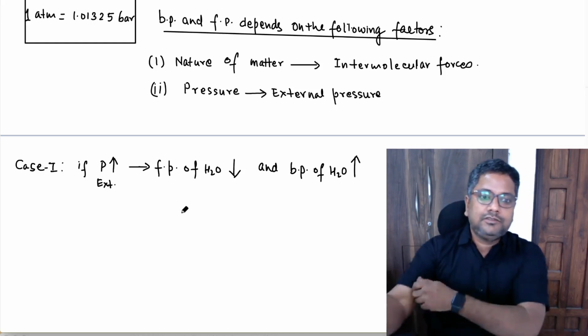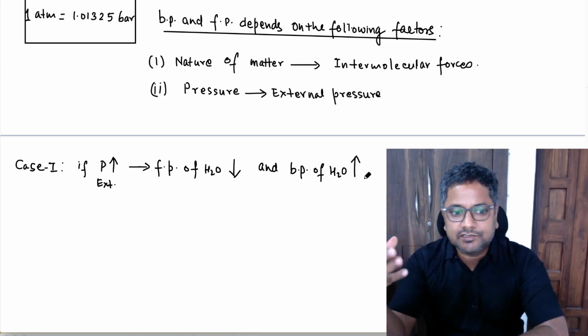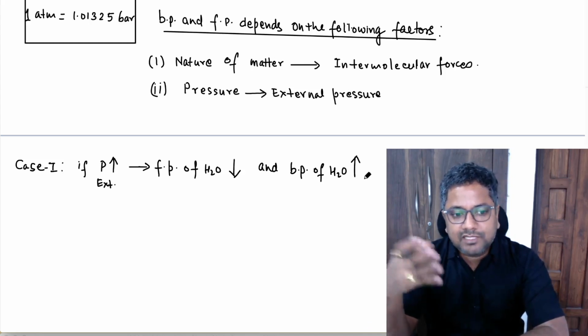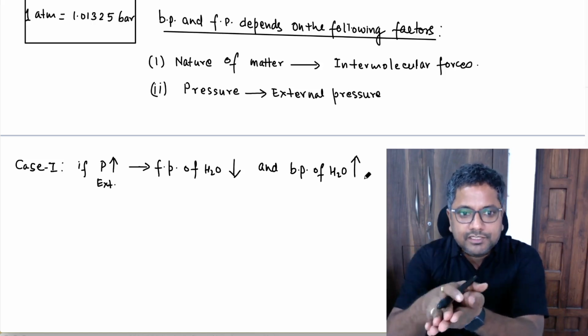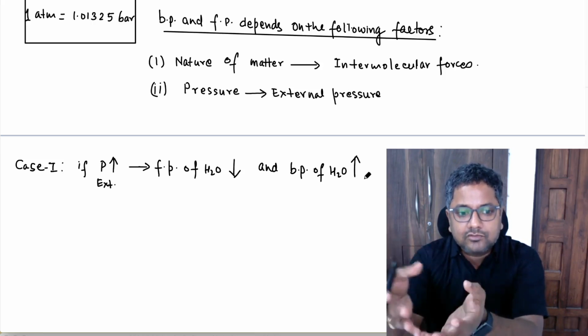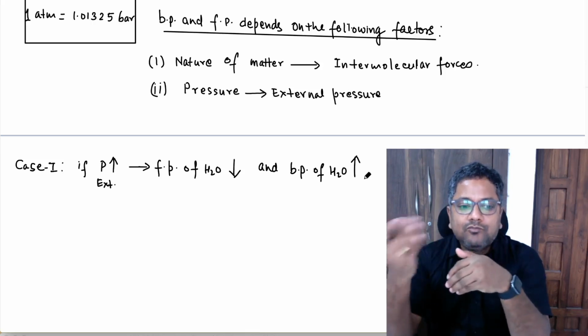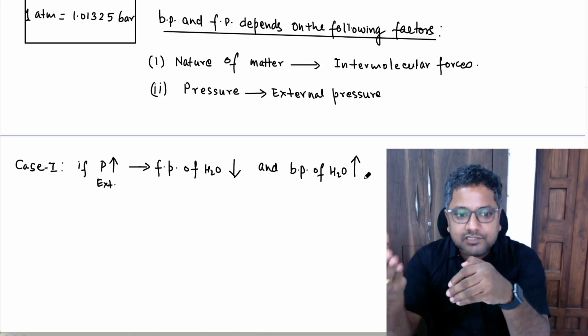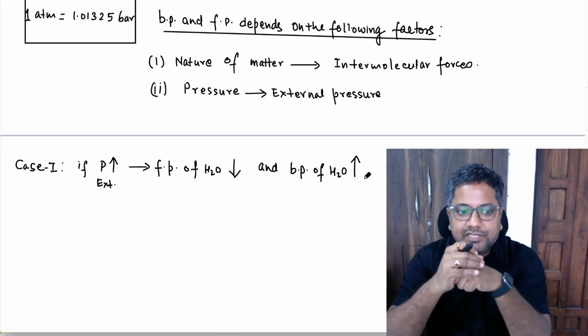This pressure increase case exists in which system? A normal system, the pressure cooker. In a pressure cooker, the external pressure is increased due to the closing of the lid, and due to this the boiling point of water inside the system will increase. What is the consequence? If the boiling point is increased, you are putting more energy into the system for boiling, and at the boiling state the temperature is constant.